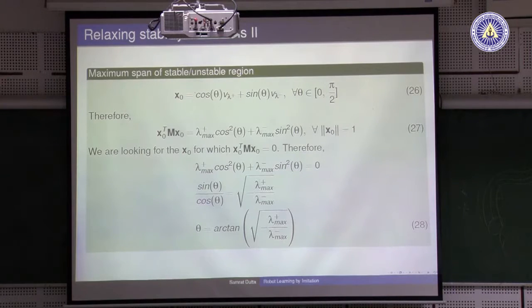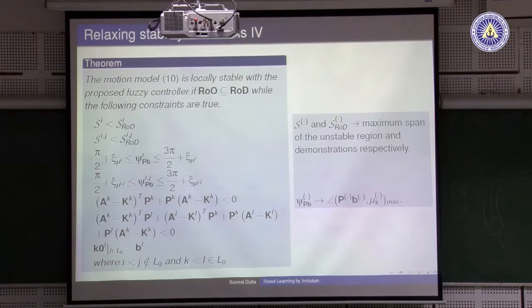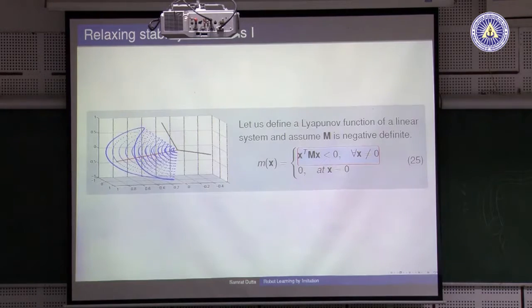To do that, first we try to figure out the span of this region, and we calculate the angle. Then we formulate another lemma where we try to minimize the span of this area, right. In that particular theorem we squeeze this region towards the positive eigenvector, and we try to maximize the area at the negative eigenvectors, right.